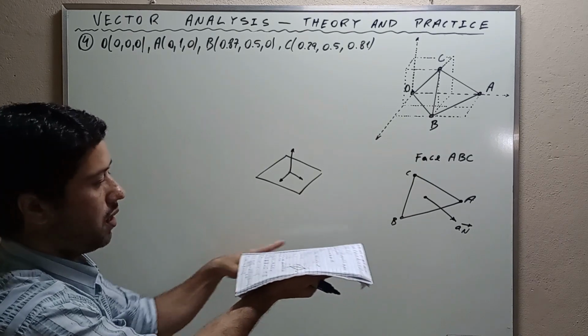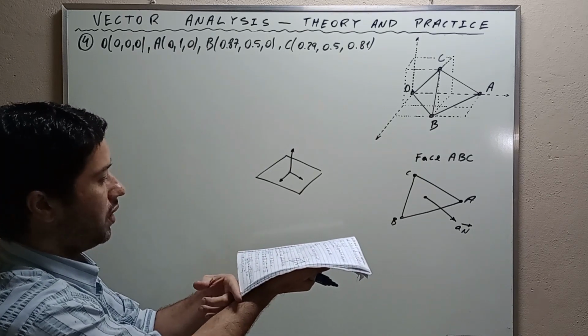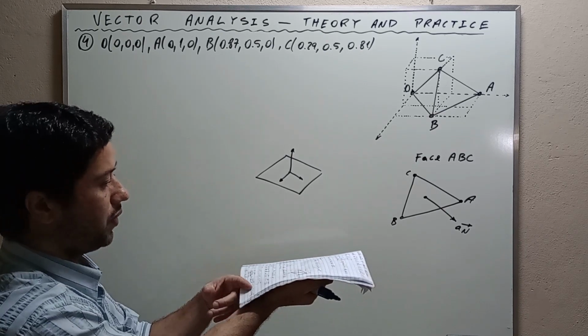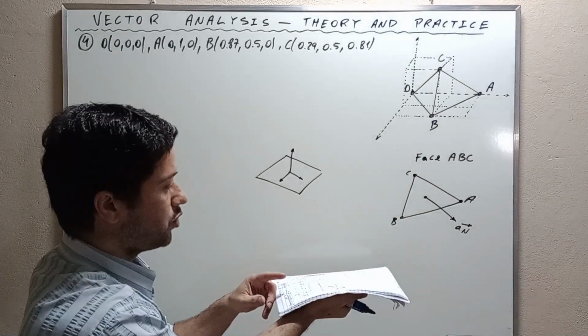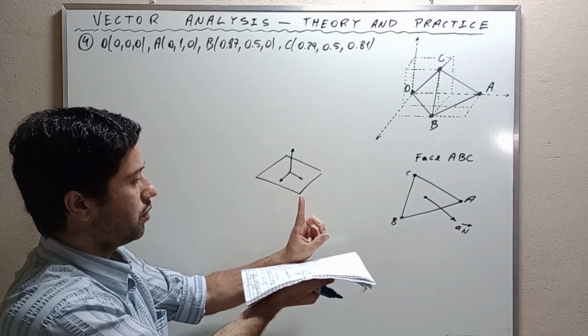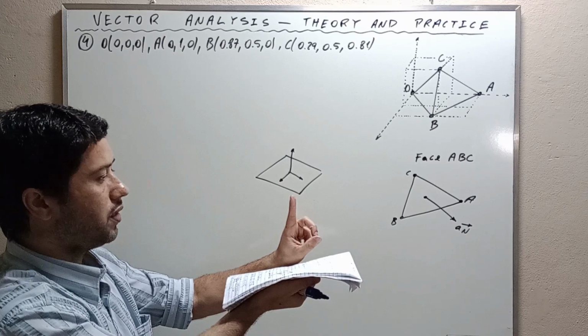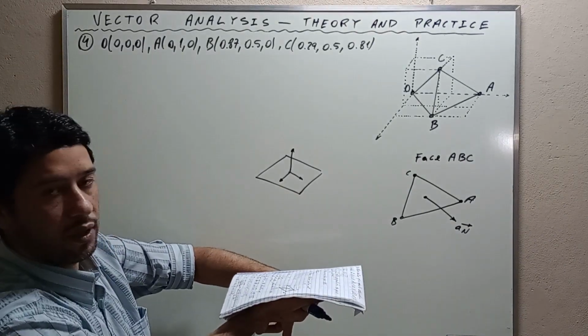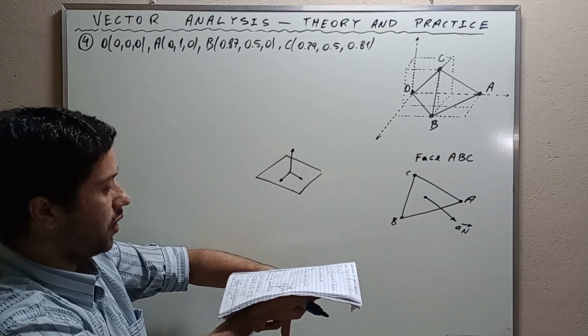They make a plane. They are part of the plane. If we use the cross product, we produce a vector pointing outwards in the upwards direction or in the downwards direction, okay?